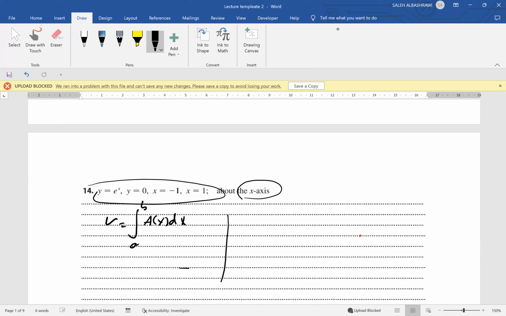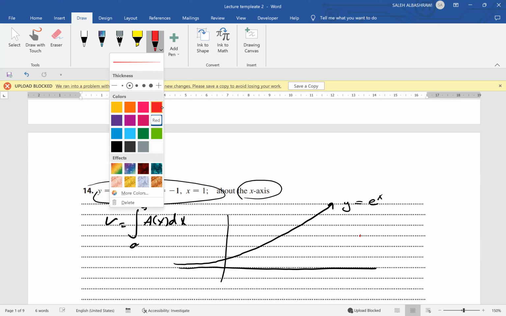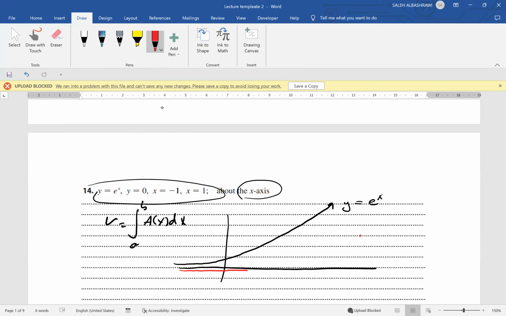So sketching the region for this one, y equal to e to power x is an exponential function. It takes this shape. And y equal to 0 is the x-axis.